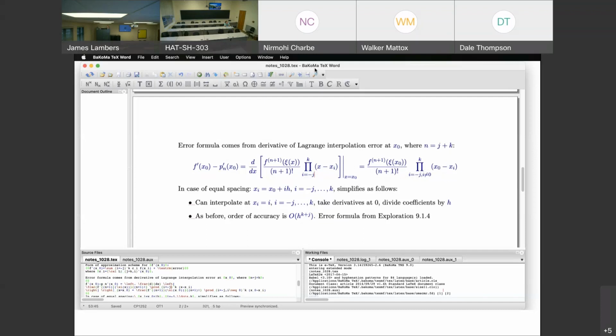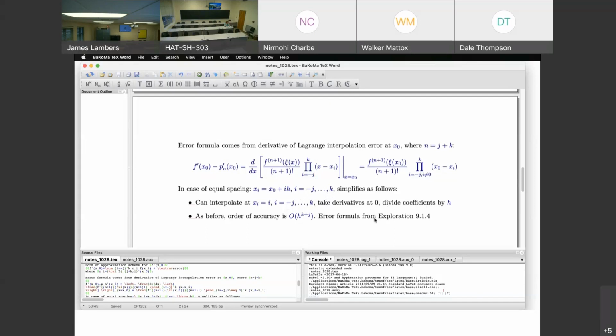Now here again, we're not assuming equally spaced points. That's not required for this error formula. But as I mentioned, if you do use equally spaced points, that certainly helps, because you can use Lagrange polynomials at the integers. You just have to remember to divide your coefficients by h when you're done.